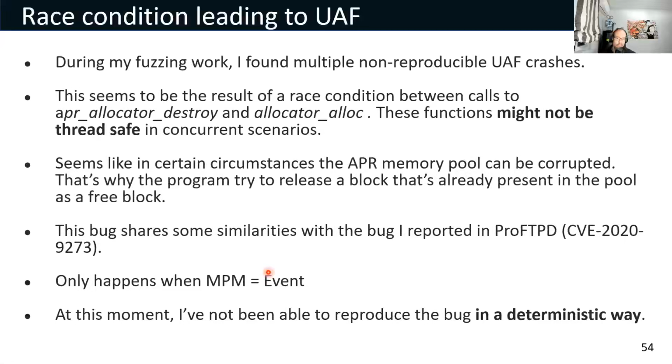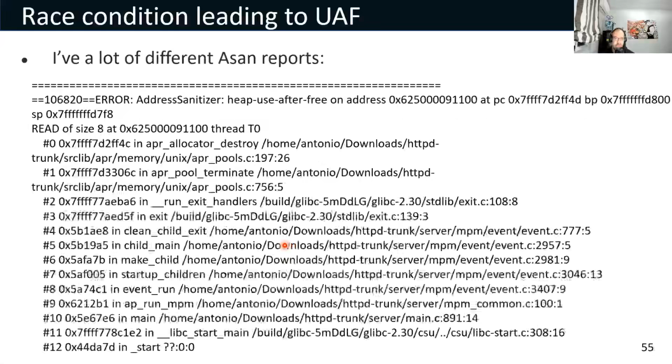This leads to a corruption of some nodes of the memory pool, and sometimes the program tries to release a block that is already present in the free pool. At this moment, I'm still trying to figure out how to exploit this vulnerability in a deterministic way.